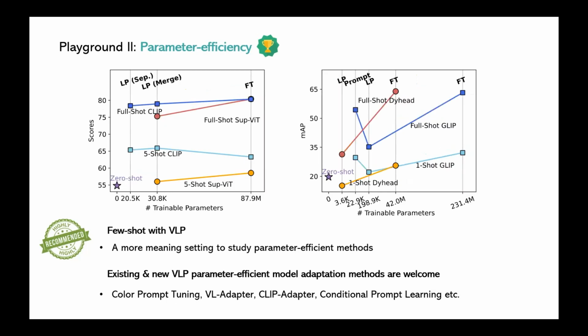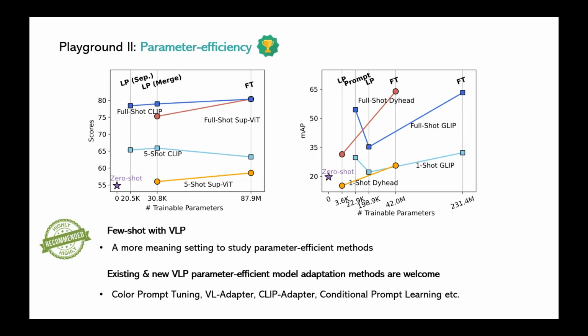The second one is parameter efficiency. A good model should also be able to achieve good performance with a smaller number of trainable parameters, because this typically means training efficiency. In general, as expected, a larger number of trainable parameters often leads to better recognition accuracy in many settings.